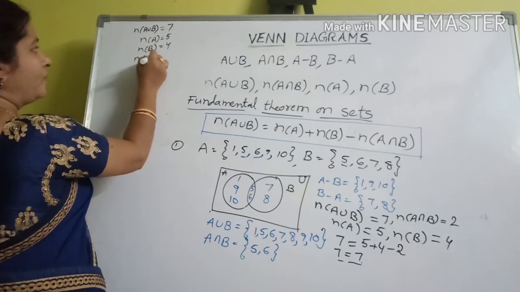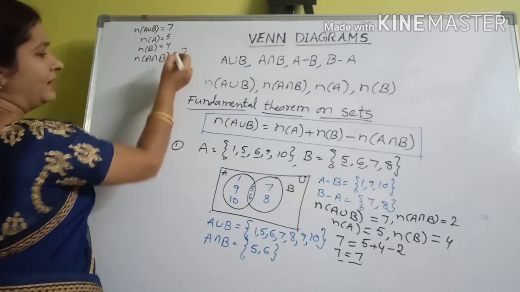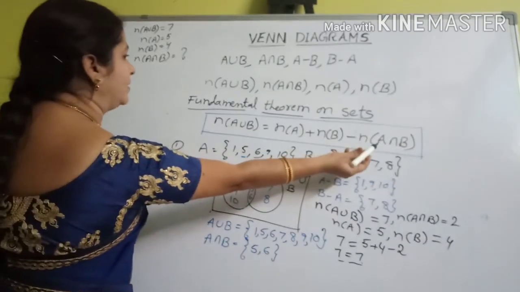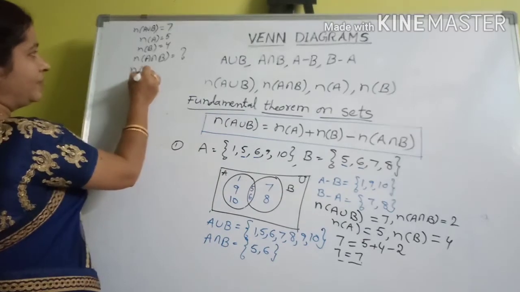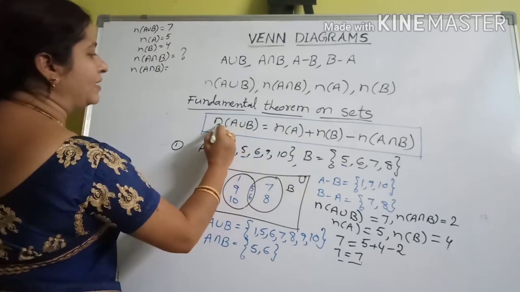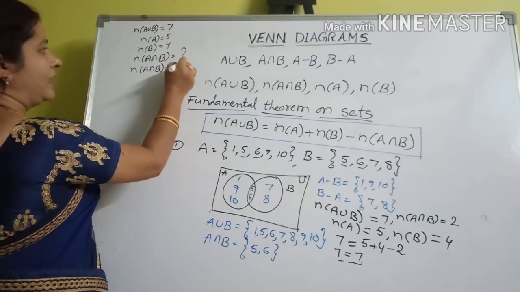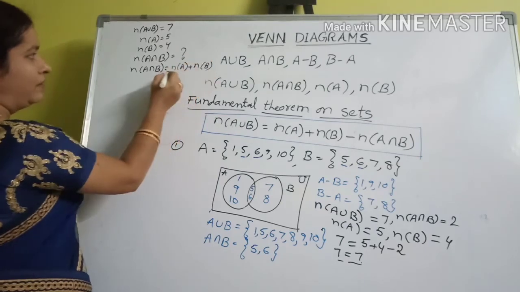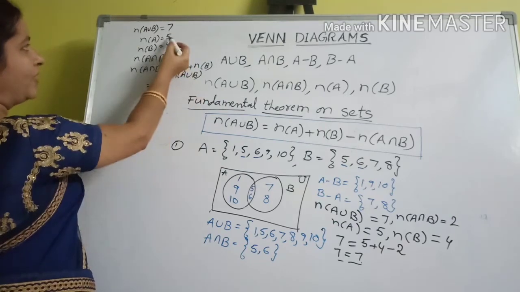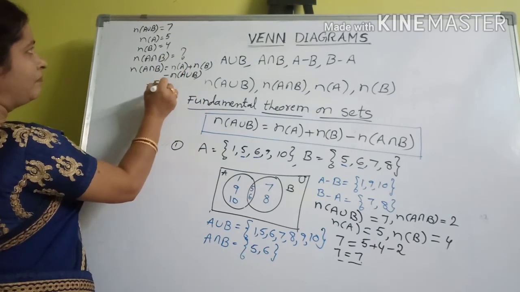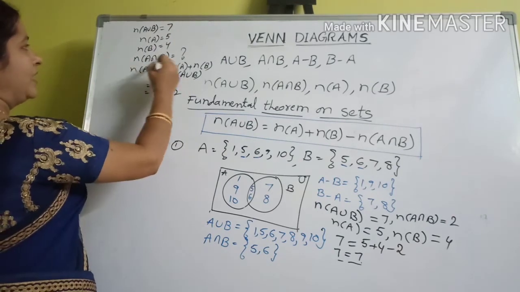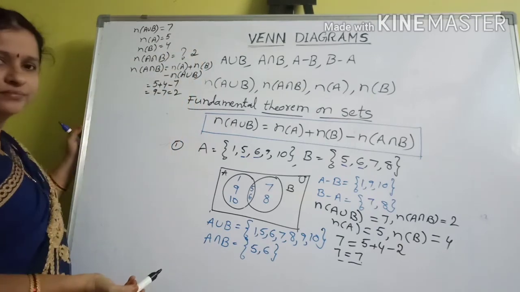Find the value of N of A intersection B. By using this formula, N of A intersection B equals N of A plus N of B minus N of A union B. So what is the value? 5 plus 4 minus 7. So 9 minus 7 equals 2. So the N of A intersection B value is 2.